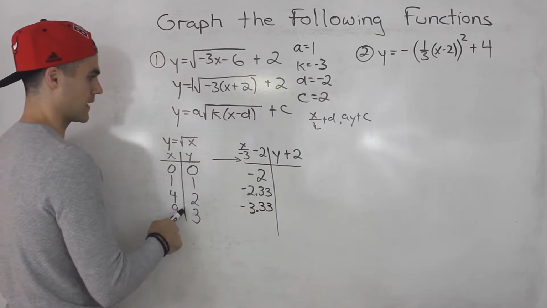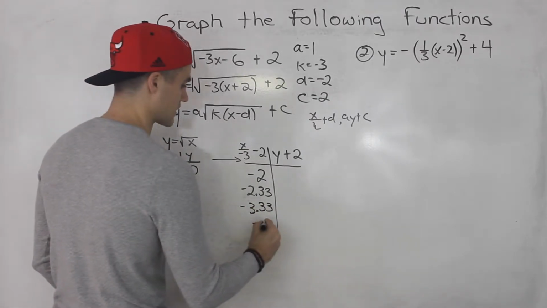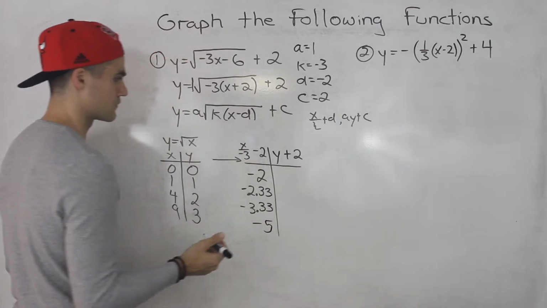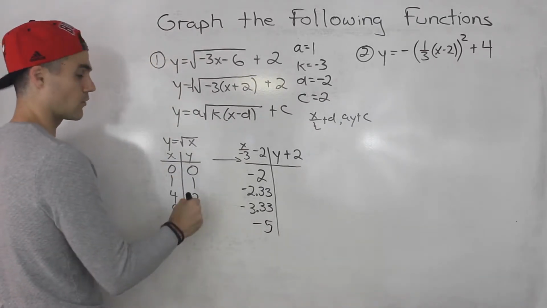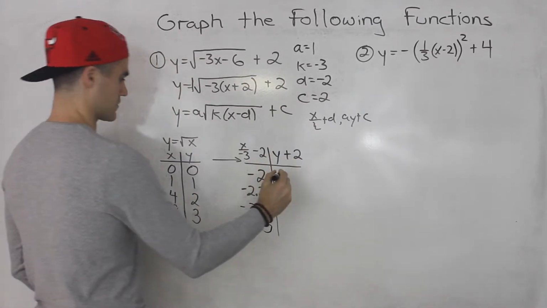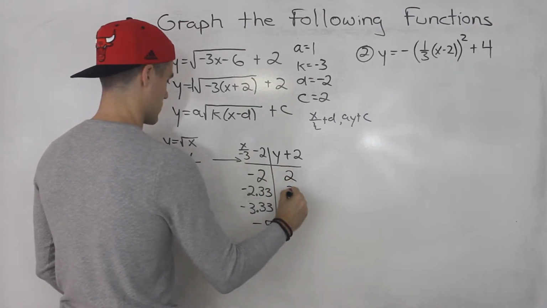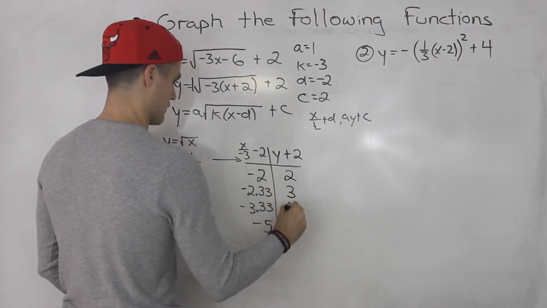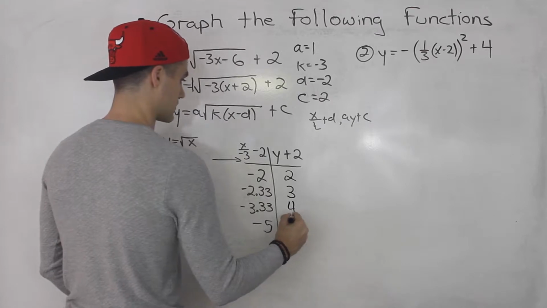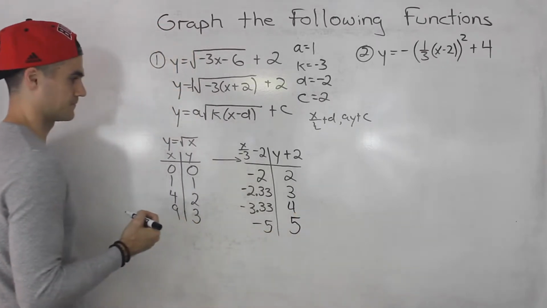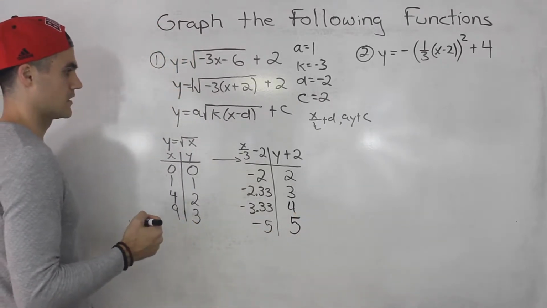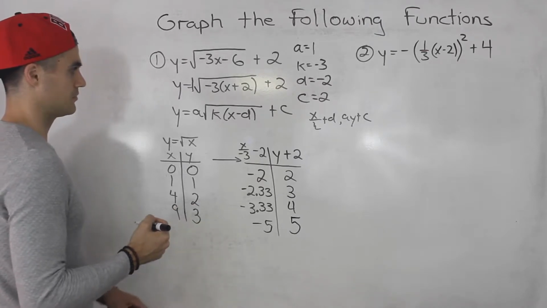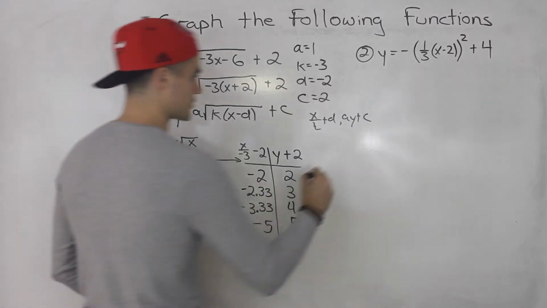And then 9 divided by negative 3 is negative 3, minus 2 gives us negative 5. To all the y values, we're just adding 2. So we would have 2, 3, 4, and 5.